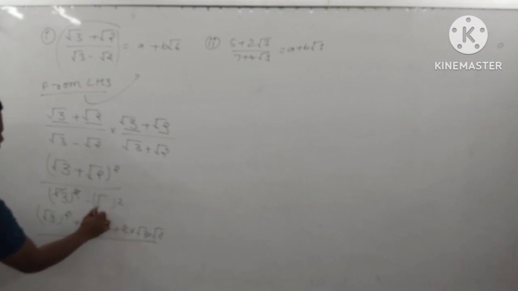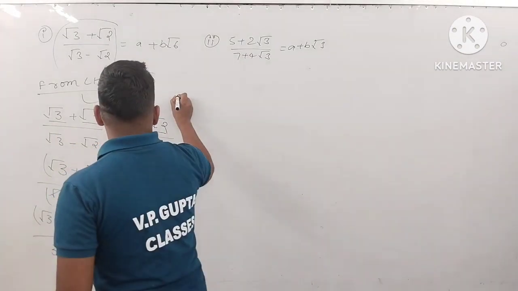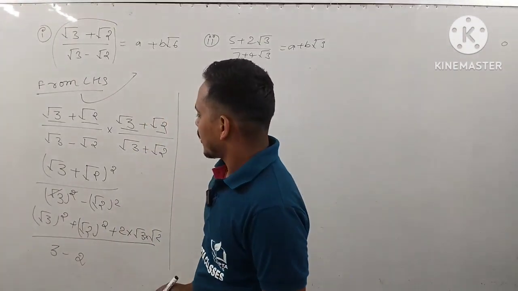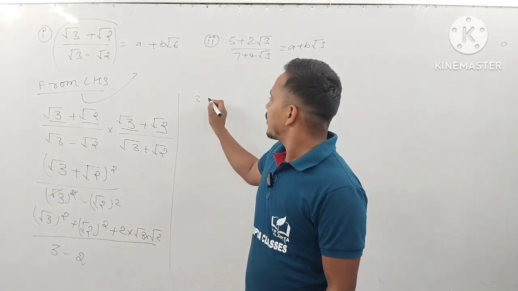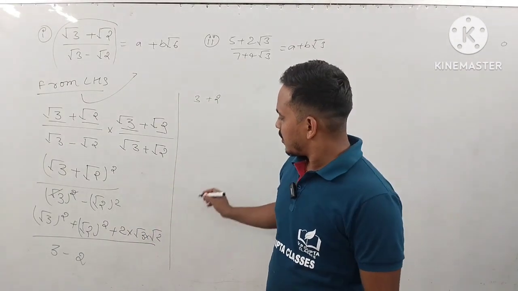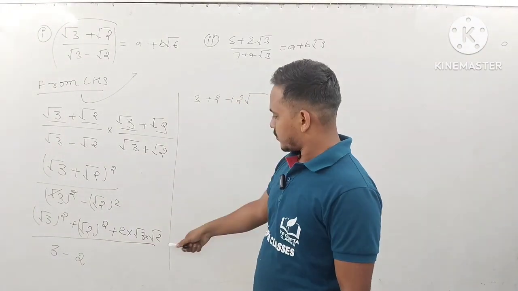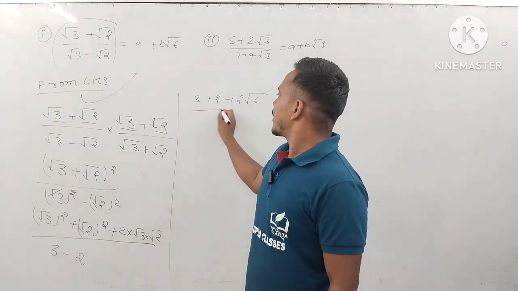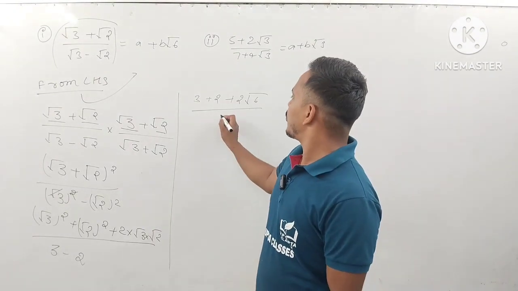So the denominator is 3 minus 2, and the numerator is 3 plus 2 plus 2 root 6, divided by 3 minus 2, which is equal to 1.